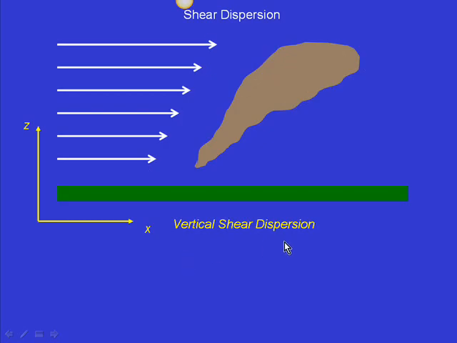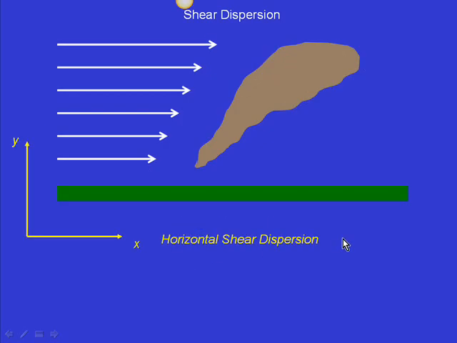So that's the vertical shear dispersion. And also, if instead this axis is the lateral axis, and the flow is sheared across, as in a channel versus a shoal, then again you're going to have more dispersion of the salt where the flow is strongest. So that's the horizontal shear dispersion.